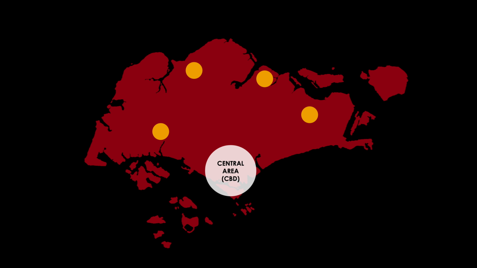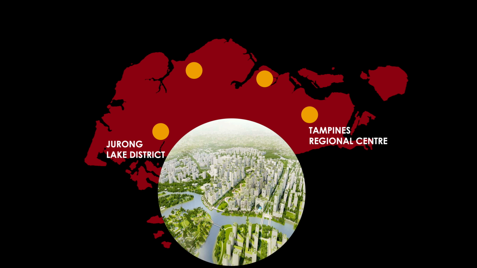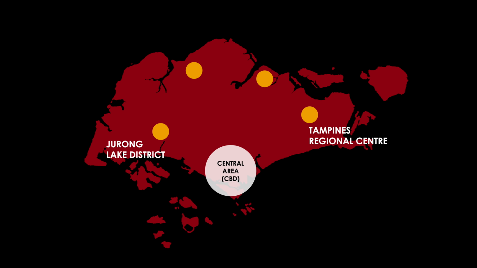There are 4 regional centers in Singapore, which are Tampines Regional Center, located in the East region of Singapore, Jurong East Regional Center in the West region, also known as the Jurong Lake District, which was developed in 2008 with renewed plans unveiled in 2023.